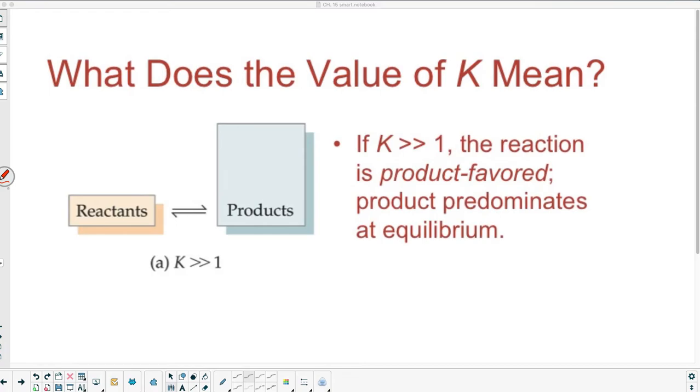So we're talking about the K value. What does the value of K actually mean?